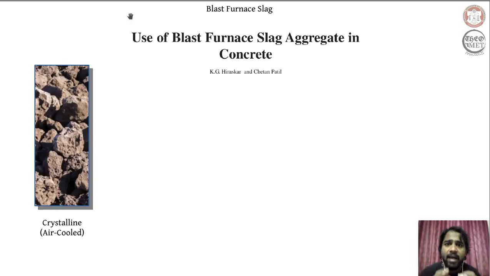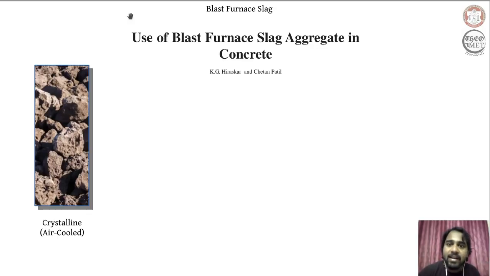So if we have to find a way to manage this blast furnace slag, it should not be just compatible with the chemical composition and also the physical nature of the blast furnace slag, but it should also take into account the amount of this waste that is getting generated. We can have an application wherein the chemical composition and the mechanical behavior exactly match, so we can directly use our blast furnace slag there.